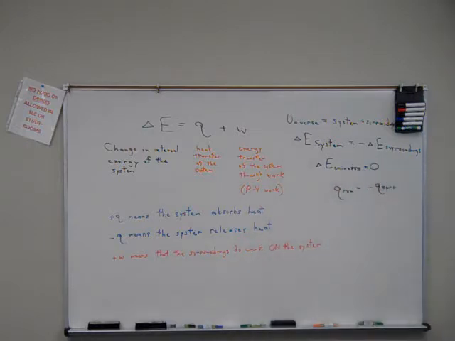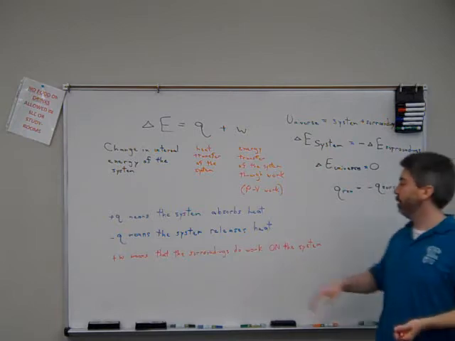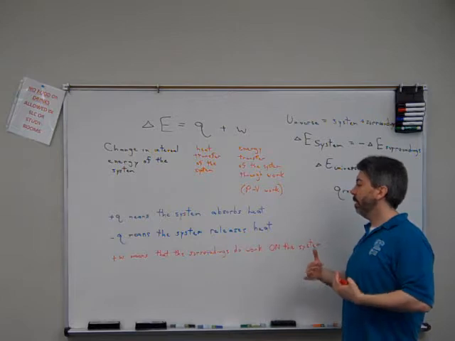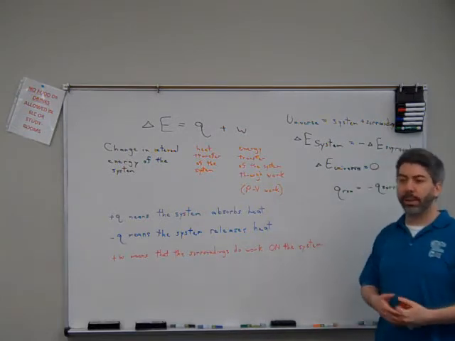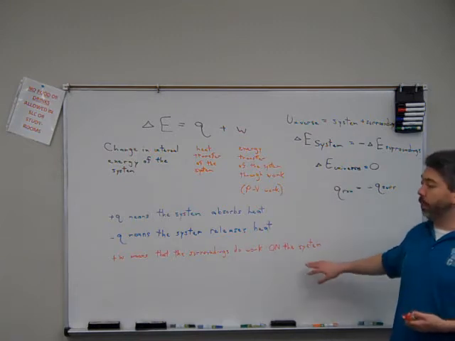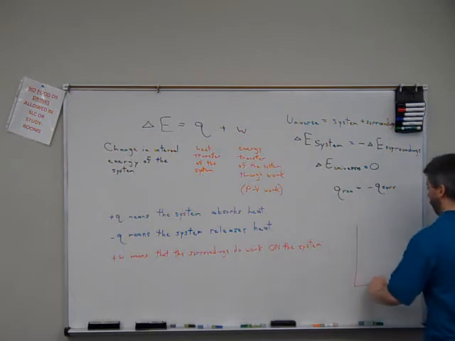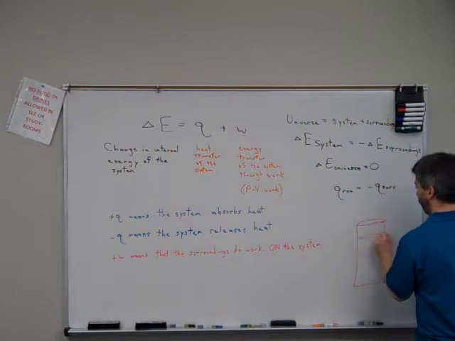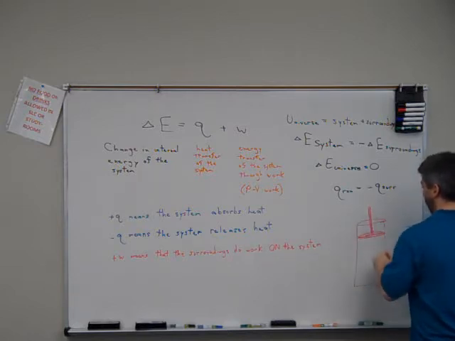Whatever the work is done on, that's what gains the energy. Since the surroundings do work on the system, that means the surroundings lose the energy and the system gains it because work is done on the system. Since this is primarily pressure volume work, think of a piston, okay? Let's say you have a piston that's completely airtight. Here's your piston, here's the rod, and you have air in here, okay?